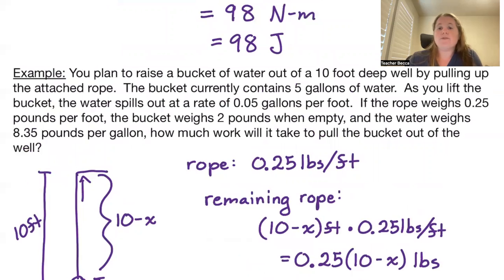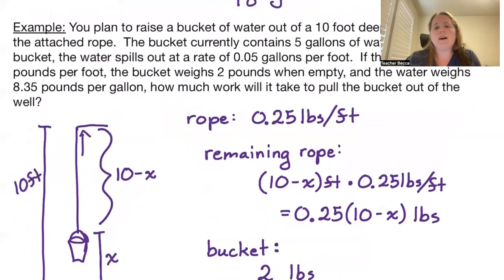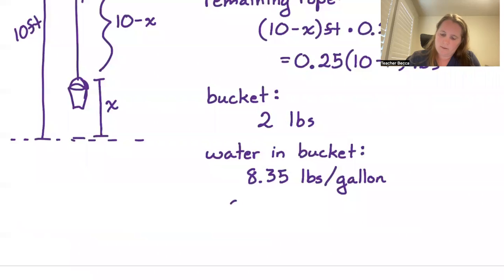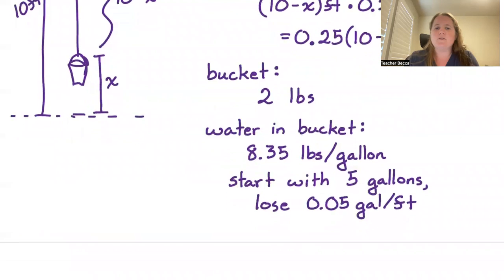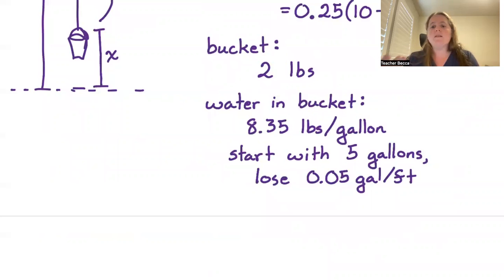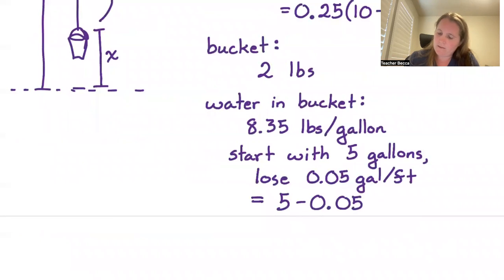We start off with 5 gallons and we lose 0.05 gallons per foot. So for every additional x, we lose 0.05 gallons. And so this would be 5 minus 0.05 times x gallons in our bucket.